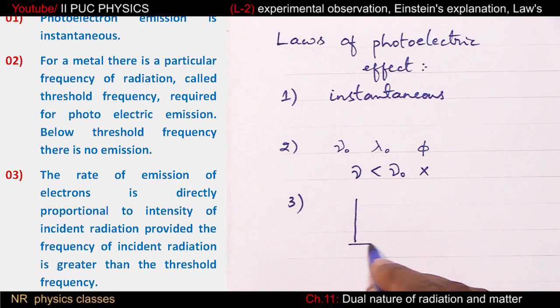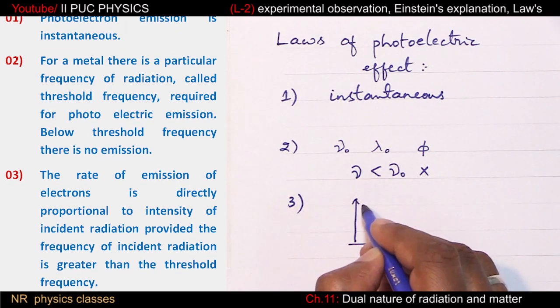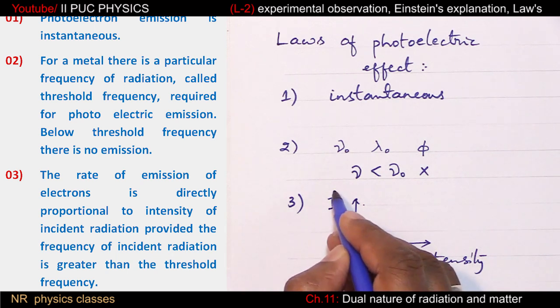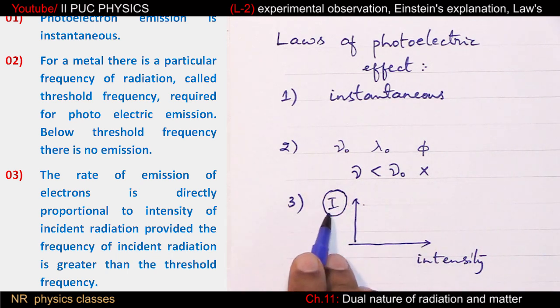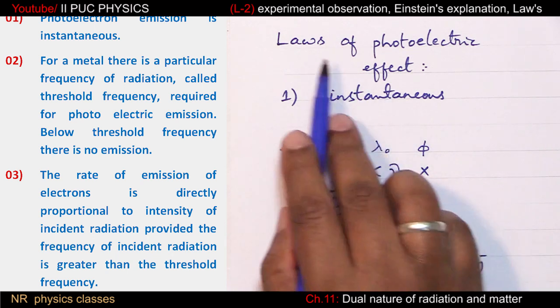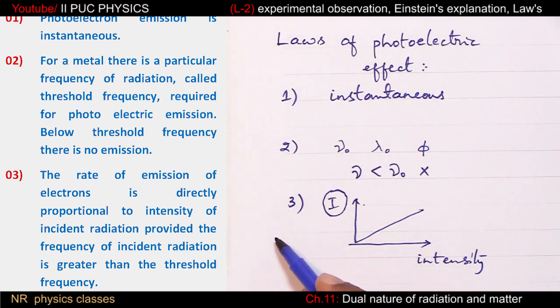That we have understood using this graph, isn't it? Current versus intensity. The rate of emission of electrons, meaning current, is directly proportional to the number of photons incident, and it is a straight line passing through the origin. For laws, you don't have to mention the graph. Okay.